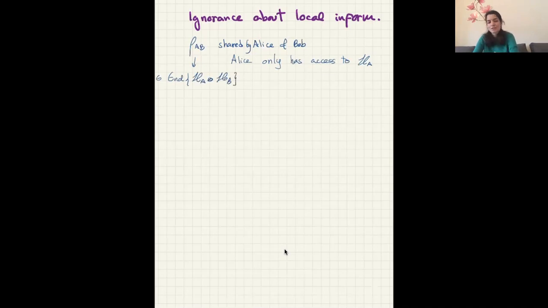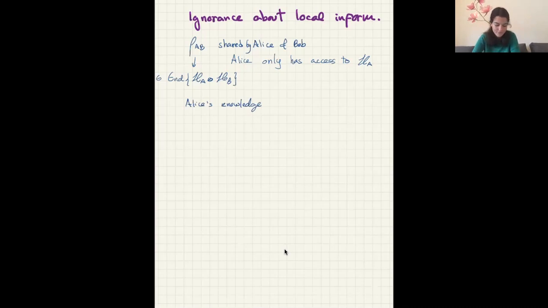But normally we just say it's a state on AB. So how do you describe Alice's knowledge? In particular, maybe she knew even the initial state, but then she gives some to Bob, and she doesn't know what Bob did on his side. Maybe he did a measurement, maybe he put it through some Hamiltonians, applied some gates, whatever. She doesn't know what Bob did on his side.